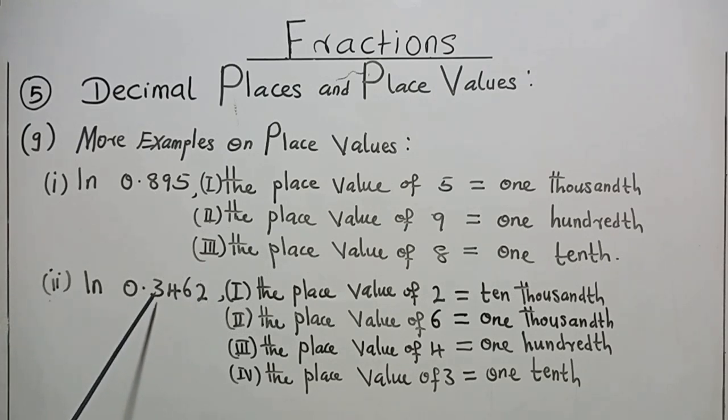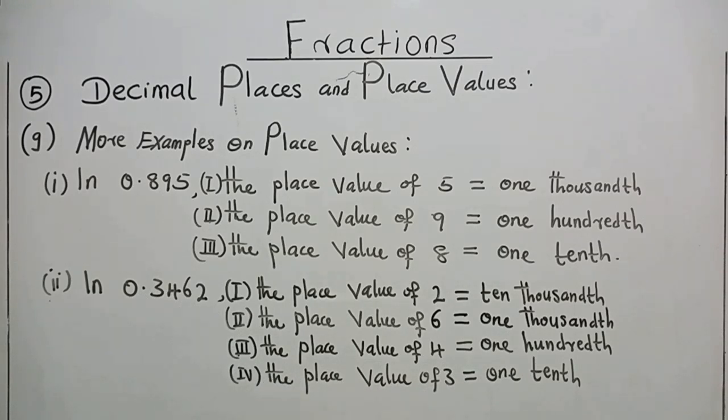Each of these digits has its decimal place or place value. The place value of 2, that is this 2, is 10,000. I hope you agree also. Then next, the place value of 6, that is this 6 here, is 1,000. And the place value of 4, that is this 4, is 100. And then the place value of this 3 is 1/10.